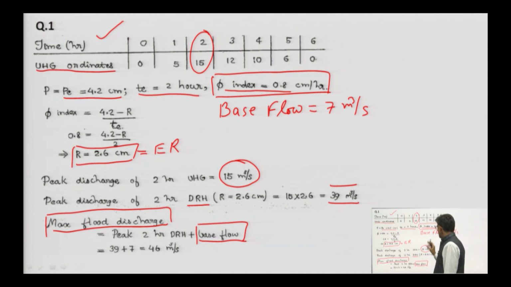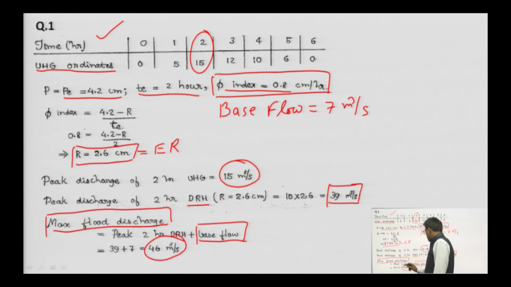So, the 2 hour DRH, the direct runoff that we have calculated, and the base flow given in the question, therefore the maximum flood discharge for this given storm for the given catchment can be calculated by simply adding these two data, 39 and 7 meter cube per second.